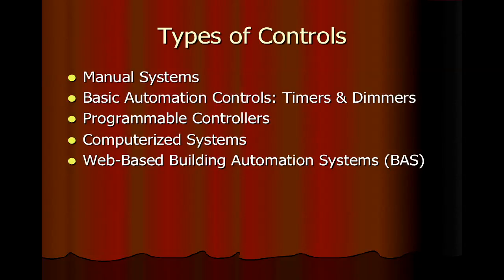We can then go into basic automation controls. Timers and dimmers most specifically come to mind. And I think worth listing in with this might be motion sensing. It's simple to put a timer, for example, on that basement light. When I'm down in the basement, how often am I down there? Only for a few moments. So to put that on a timer, 5 minutes, that might be longer than I'm actually down there.